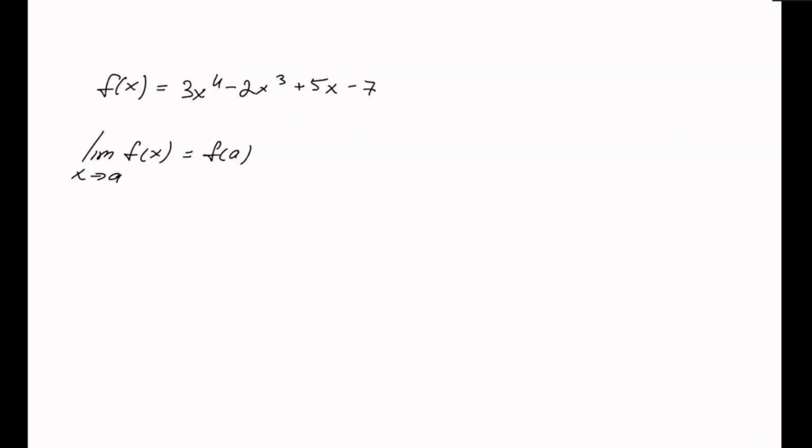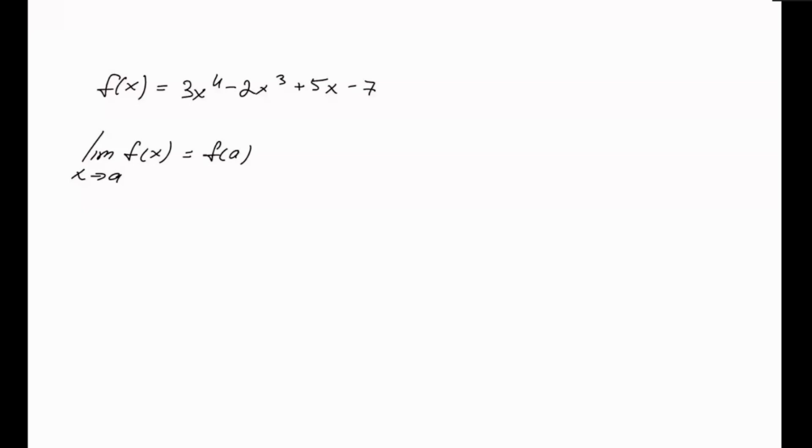Because we can always use direct substitution to evaluate limits of polynomials. For instance, f of x equals 3x to the fourth power minus 2x cubed plus 5x minus 7 is continuous everywhere. No matter what value of a you pick, the limit of f of x as x goes to a equals f of a.